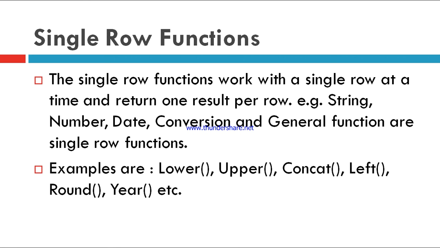These single row functions are string functions, number or mathematical functions, date and time functions, conversion, lowercase, uppercase. Some examples are lower, upper, concat. Concat is for concatenation. If you want to combine values of two different columns, you can use this concat function. Then left, round, year. These functions are known as single row functions.